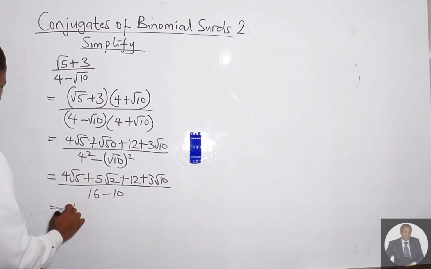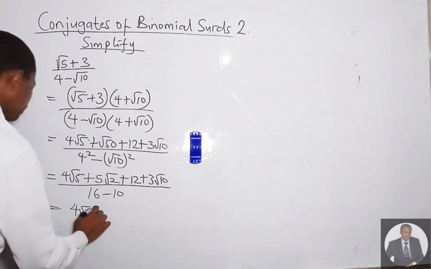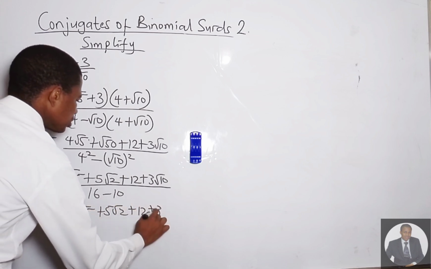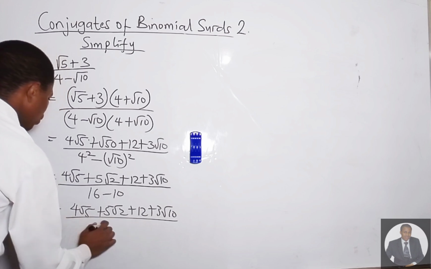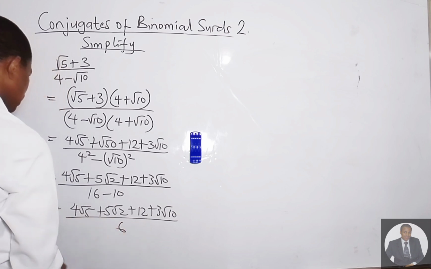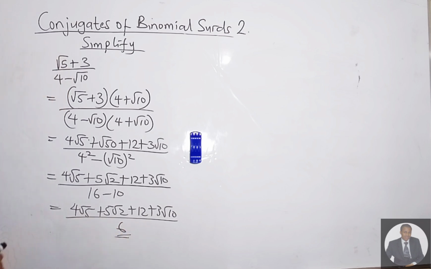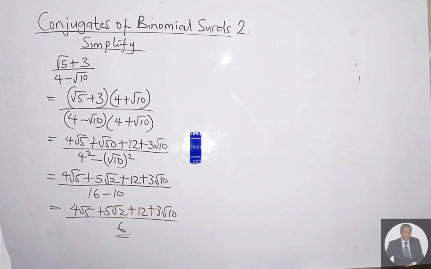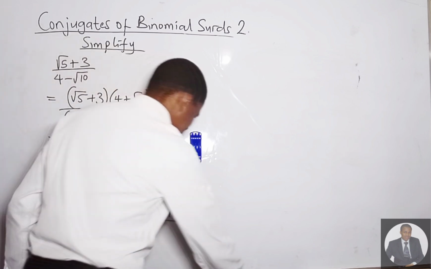So we have 4 root 5 plus 5 root 2 plus 12 plus 3 root 10 all over 6. This will be the answer we will be having.